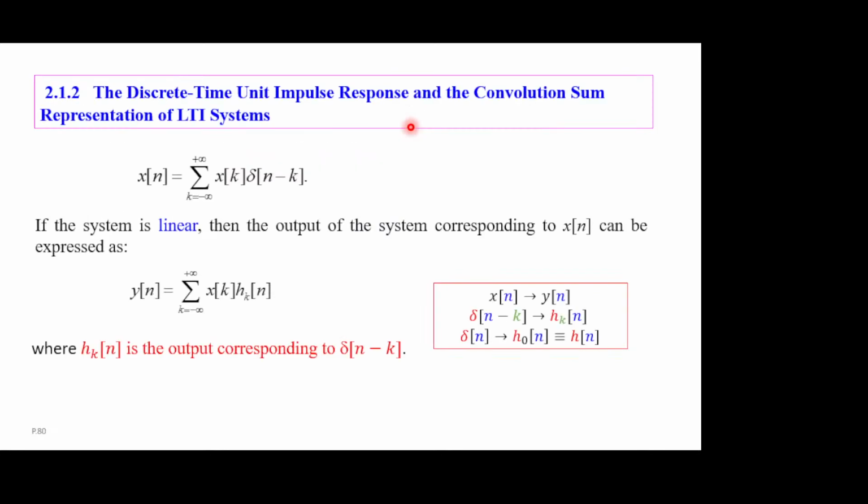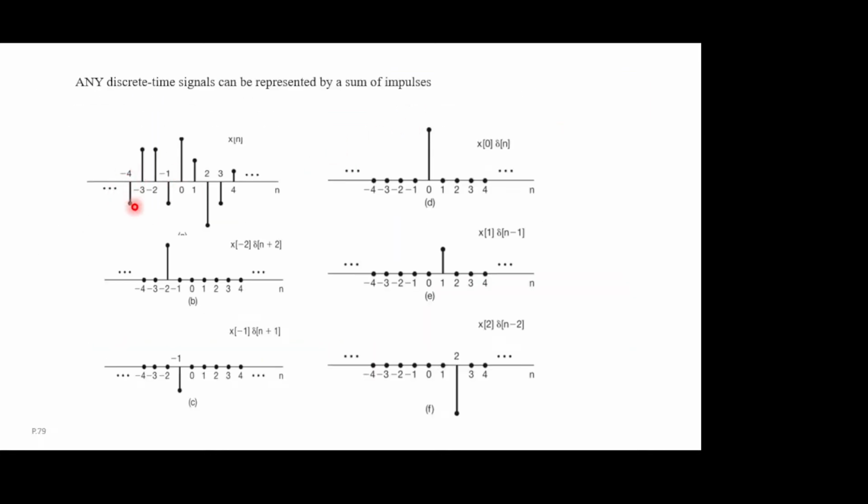And yeah, so we write x of n as a linear combination of a whole bunch of impulses. Any x of n can be written as a linear combination of impulses shifted by some time. So for this example here, we see this is x of minus 4 times delta of n plus 4, etc. So it can be written as this kind of summation, and if you make this even more formal, then you can write this summation with a big summation sign.